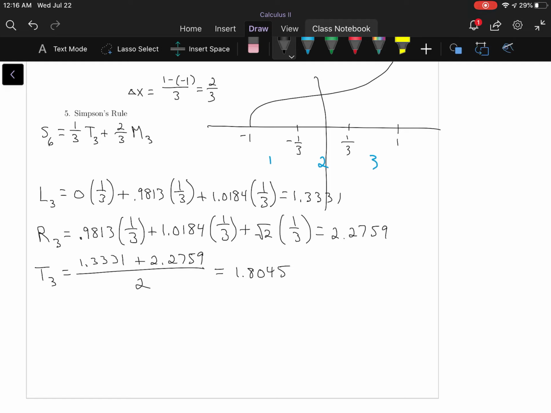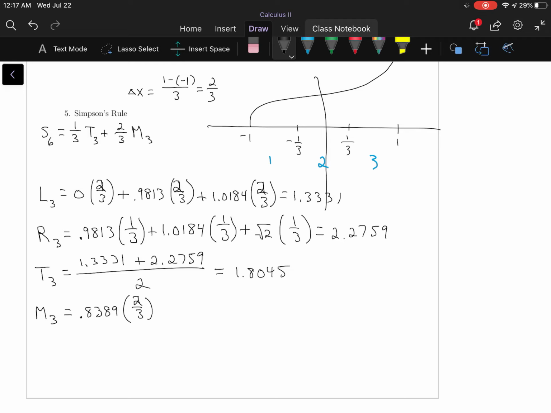And then we need our midpoint approximation, M3. So the midpoint is going to be at -2/3, which is 0.8389, with a width of 2/3. And that reminds me, all the 1/3 that I previously put should be 2/3.